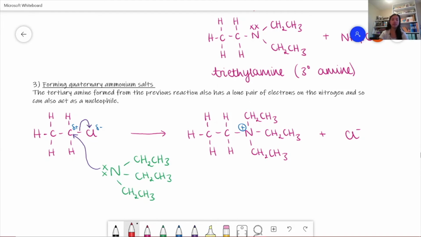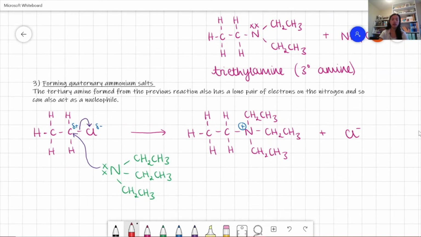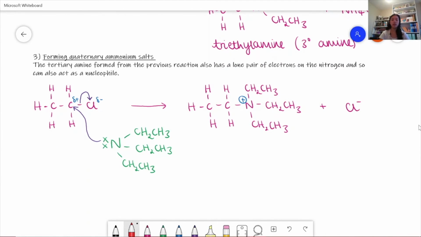So this bit here is our quaternary ammonium salt, and how we write it is CH2CH3 4, and then the nitrogen, which is a plus, and then Cl, which is a minus.